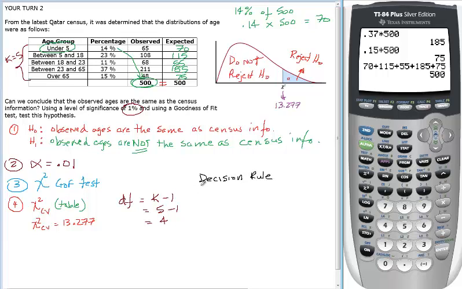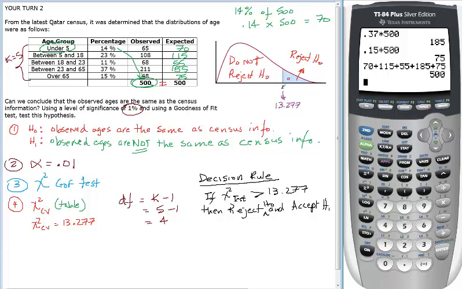okay, and this is the second part to step 4. Your decision rule is if chi-square test, which we do in step 5, is greater than 13.277, then reject H0 and accept H1.